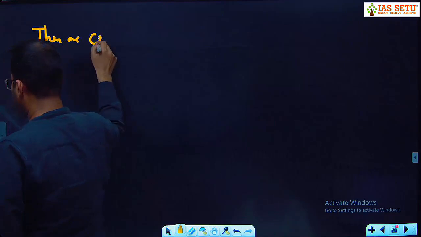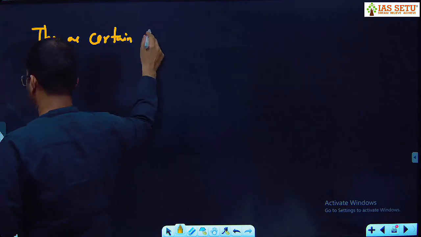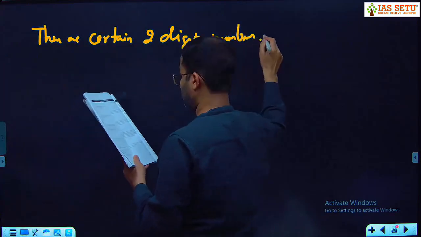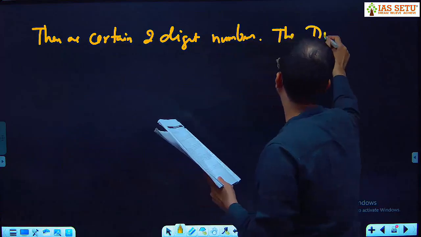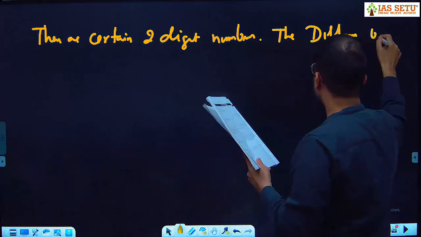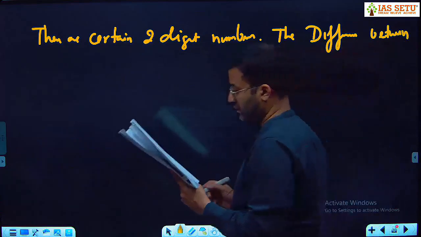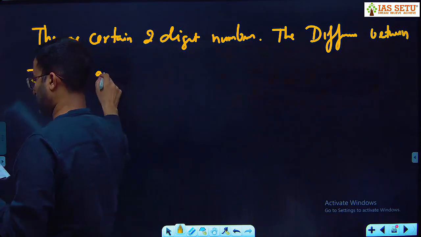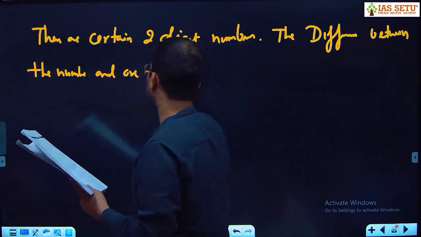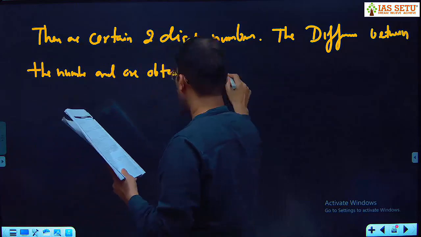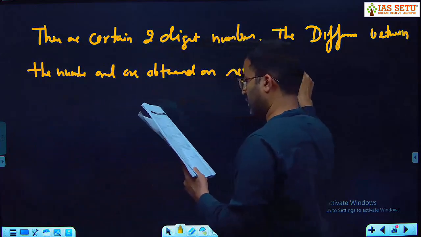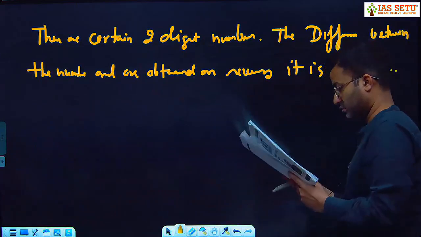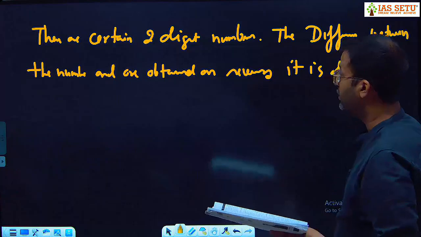This is a UPSC previous year question. There are certain 2-digit numbers.